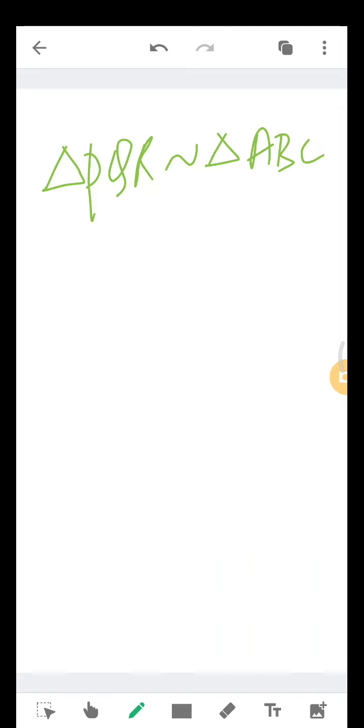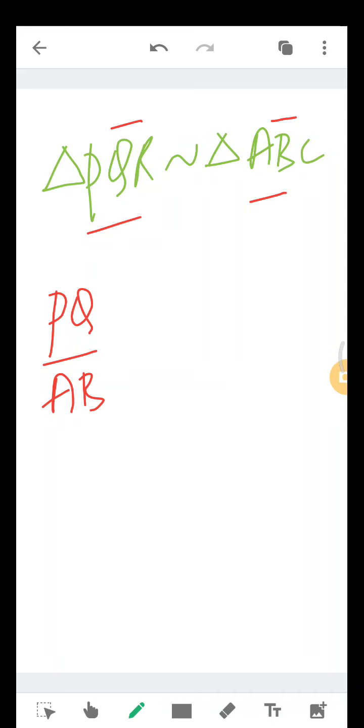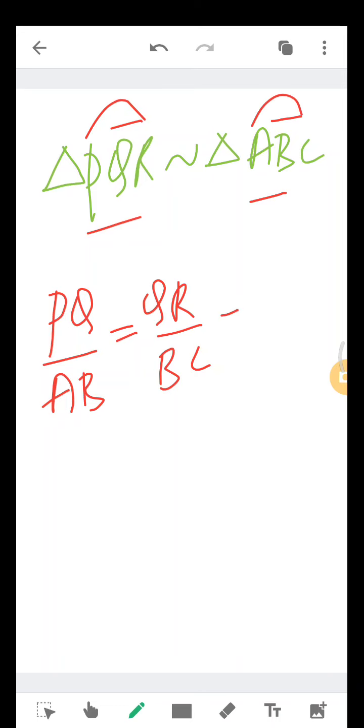We can easily write PQ by AB, then the next two, QR by BC, and the last one, PR by AC. This is the way we can write corresponding sides if two triangles are similar, and when two triangles are similar, the corresponding sides are in the same ratio and corresponding angles will also be equal.